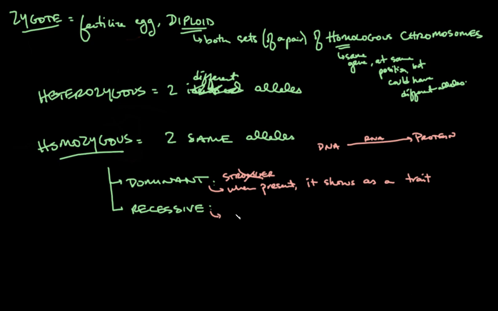Recessive alleles only show in the absence of a dominant trait. Now you might say, well, of course that has to mean that you have to have two recessive letters, and if there's any dominant letter, then it shows.